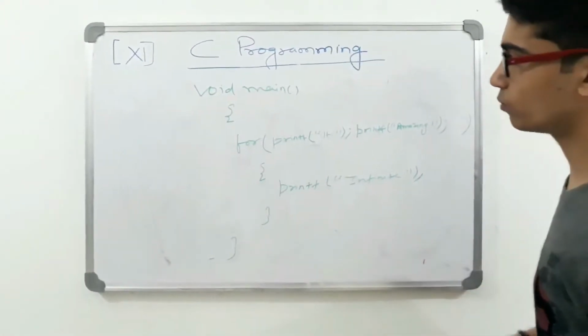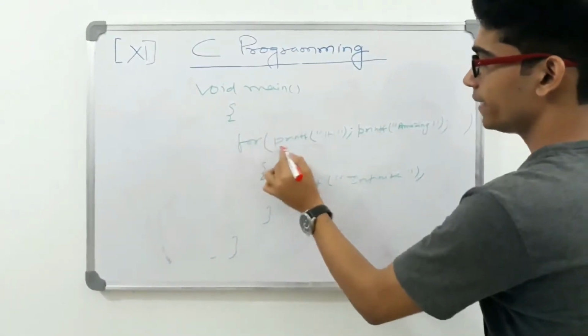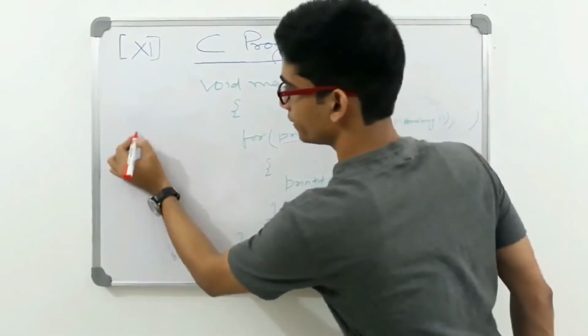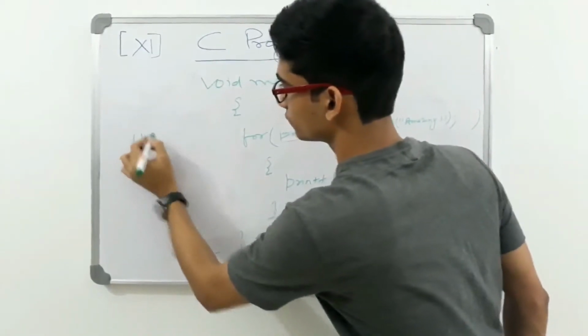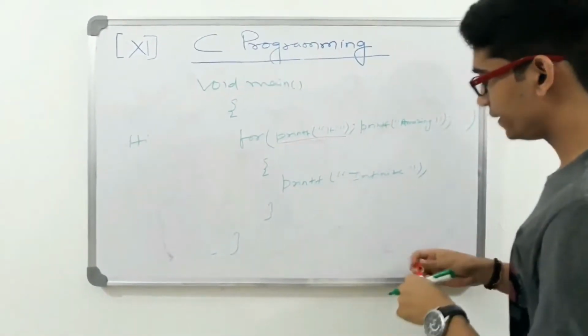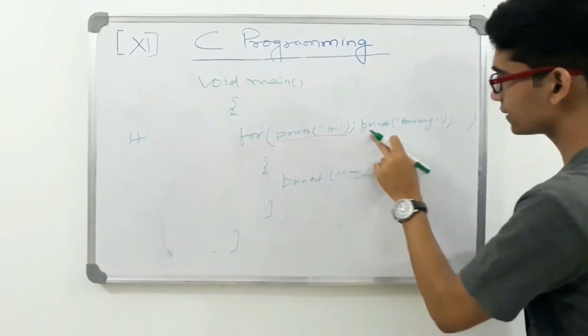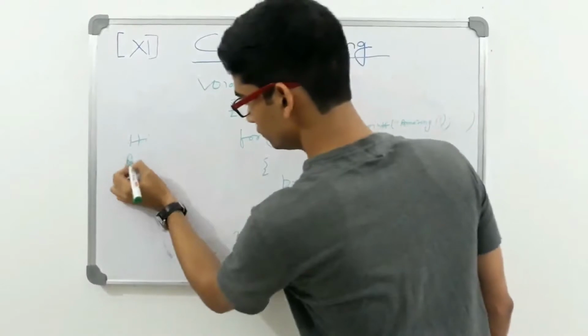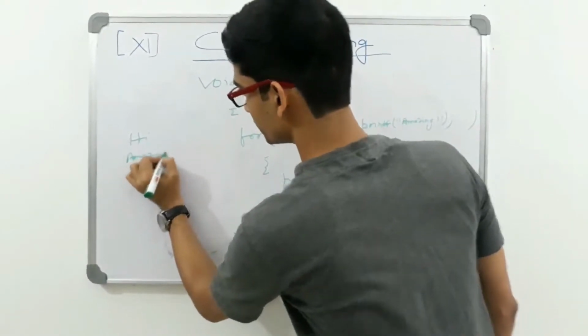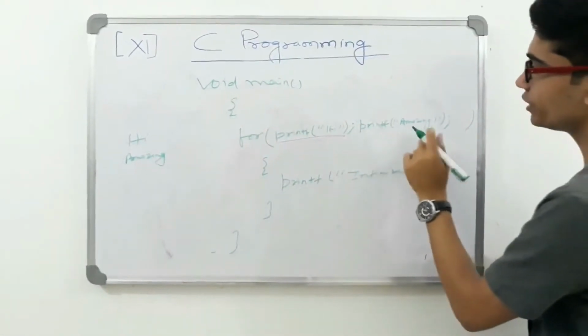See, what will be the output? This will be executed, hi will be printed. Now this is the condition, so this will be executed, amazing is printed. Now see, this is going to return you a value, what?